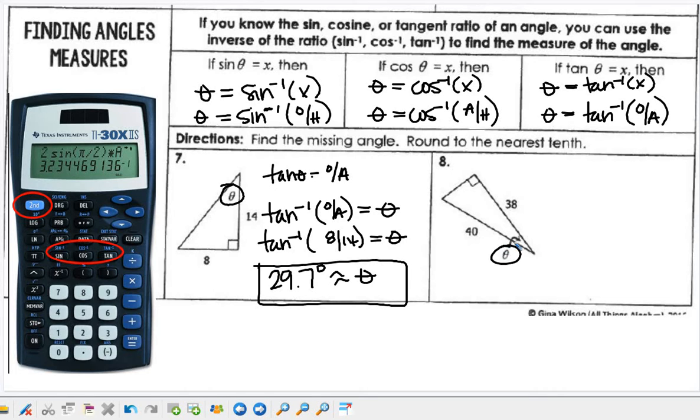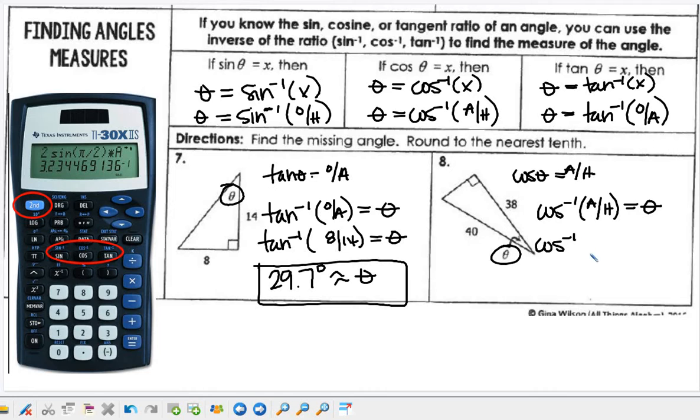Okay, so we have theta. So I know I have hypotenuse because it's across from the 90, and this is adjacent. So adjacent and hypotenuse. So cosine of theta is equal to adjacent over hypotenuse, which means that cosine inverse of adjacent over hypotenuse is equal to theta.